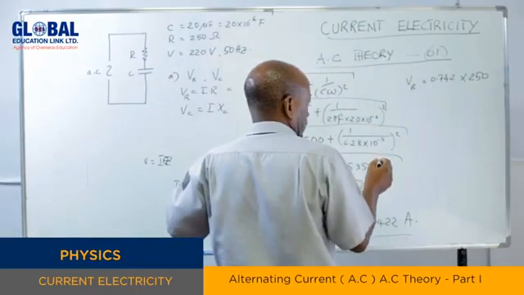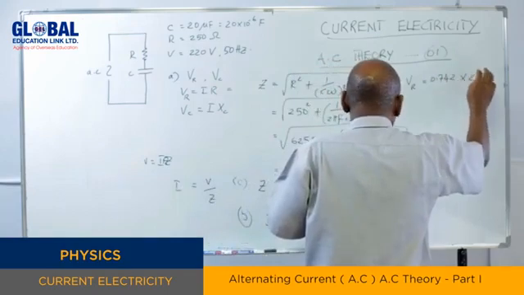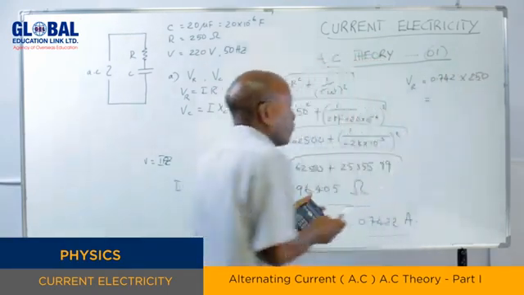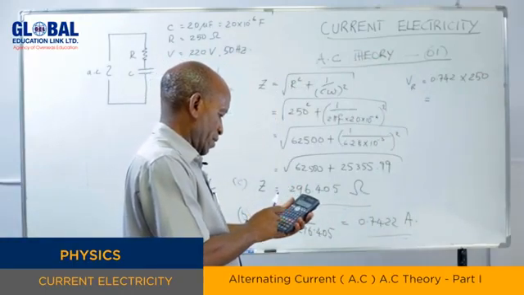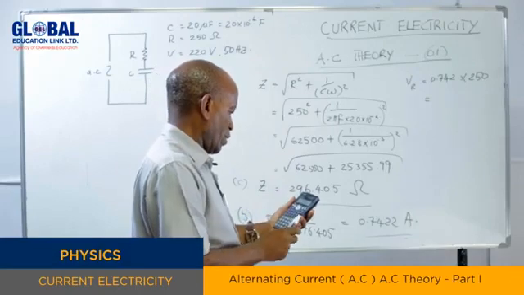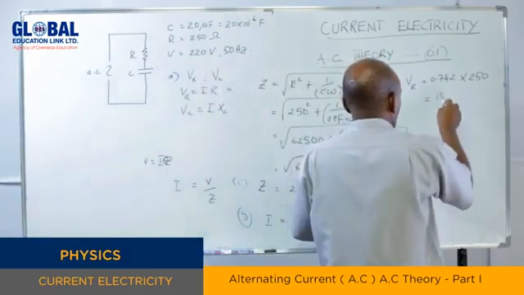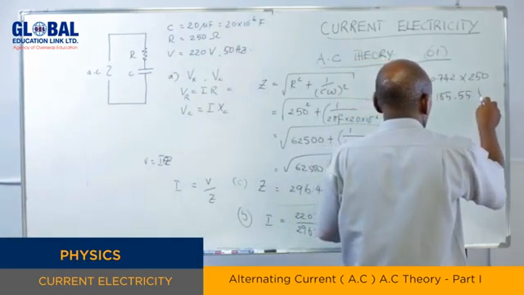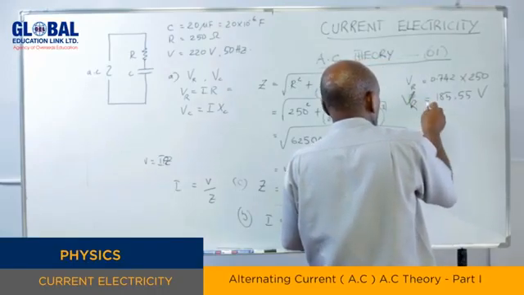Sorry, the voltage is just equal to current times the resistance. If you multiply that times 250, you obtain 185.55. This is the voltage across the resistor.